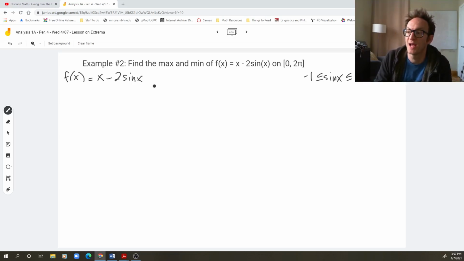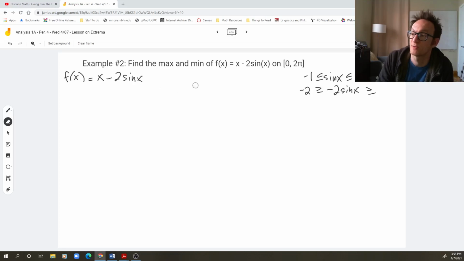Therefore, multiplying through by -2 gives me that -2 is greater than or equal to -2 sine x, which is greater than or equal to, since I multiplied through by -2, now +2.